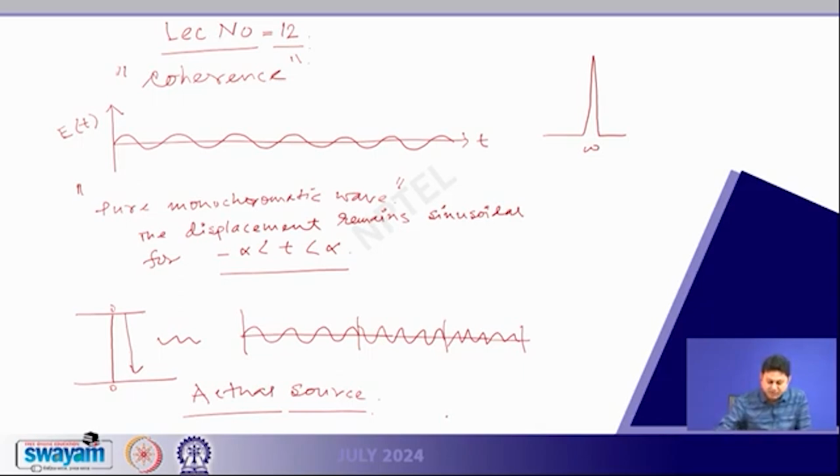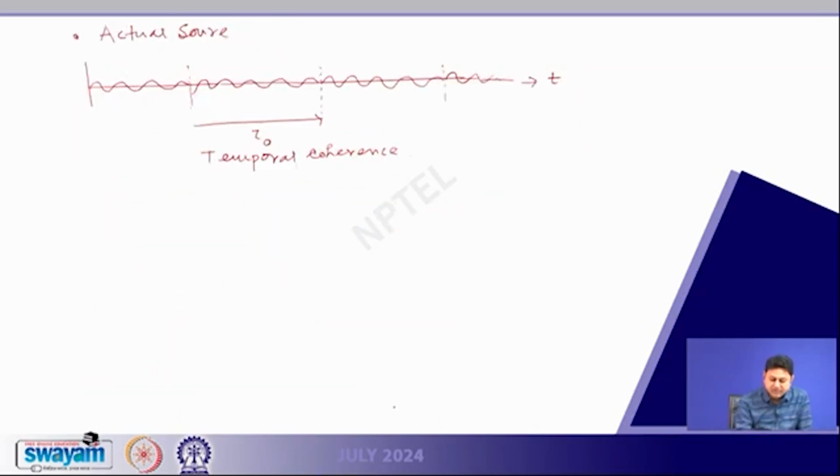As drawn here, there is a span of time tau 0 with a definite phase relationship, and these are the jumps one can expect of an actual source. That time tau 0 is called the temporal coherence.